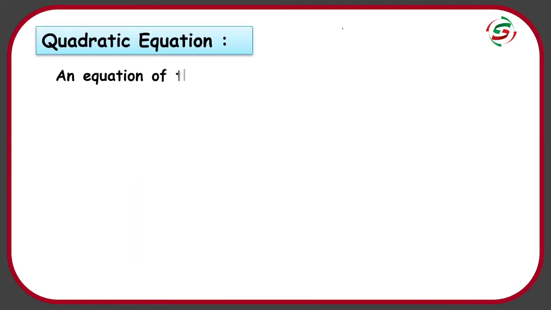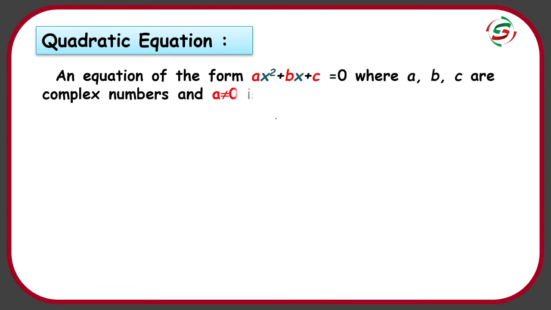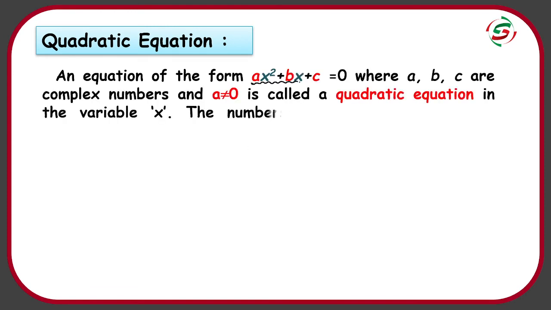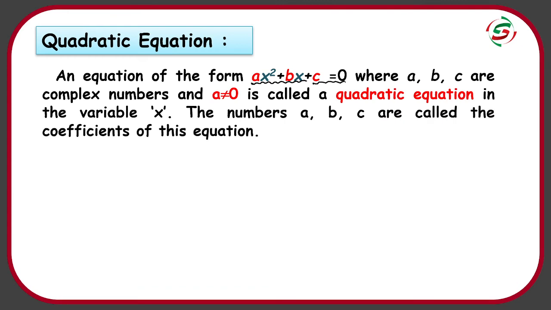Now we can go for quadratic equation, that is an equation in the form of ax square plus bx plus c equal to 0, where a, b, c are complex numbers and a is not equal to 0, is called a quadratic equation in variable x. The numbers a, b, c are called the coefficients of the equation.